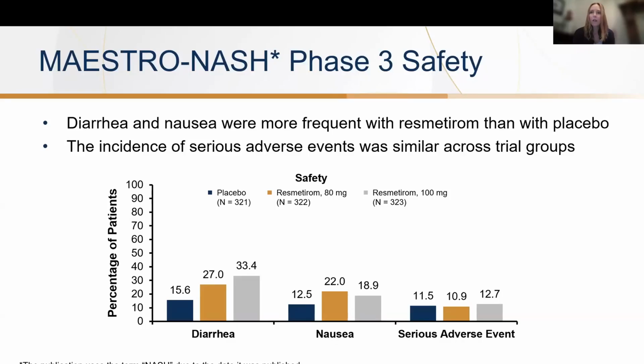So the diarrhea and nausea are transient symptoms, they usually resolve within the first few weeks, and we just try to manage patients with either ginger ale, ginger supplements, antiemetics if needed, or Imodium, and usually they do very well. The incidence of serious adverse events was actually similar across the trial groups, including placebo.